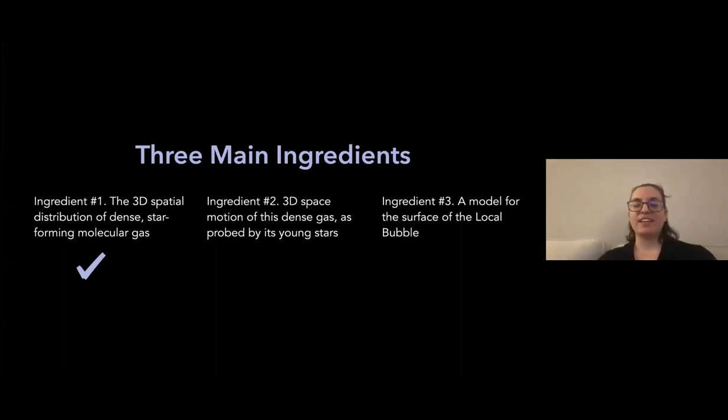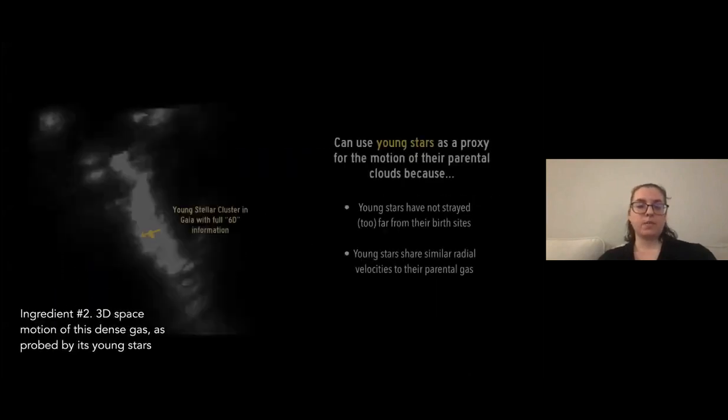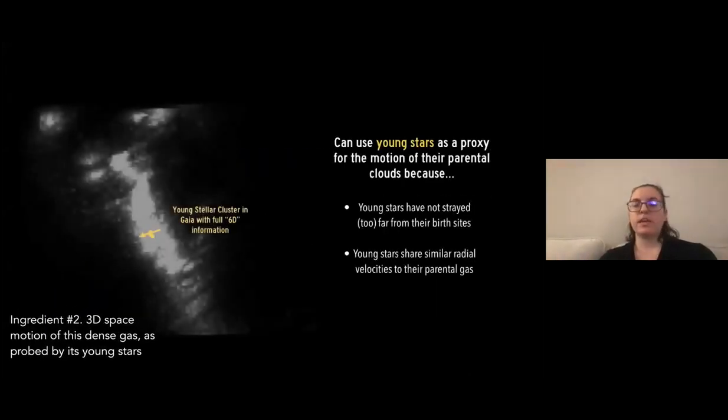The second ingredient, in order to build this picture, is that we have to have some understanding of the 3D space motion of the dense gas. So how are we going to get that? Specifically, we're going to use the young stars that are forming in these clouds as a proxy for the motion of their parental gas clouds.